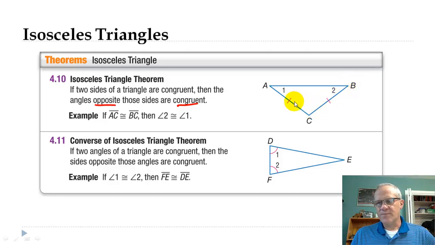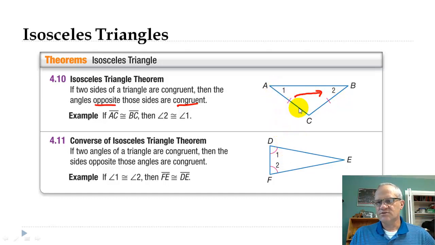When we say opposite, if you think about this side as congruent, there are two angles, angle 1 and this other angle here, that are touching side AC. So when we say opposite that side, it's not these two angles touching it, it's the other one, angle 2 over here.